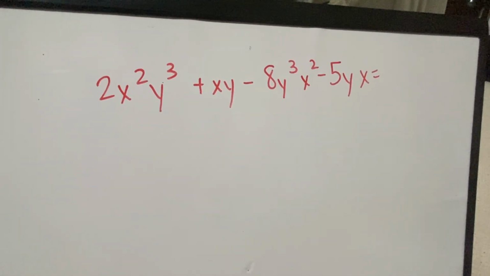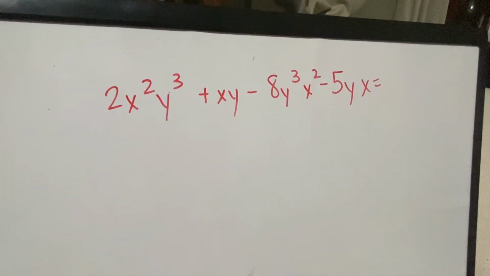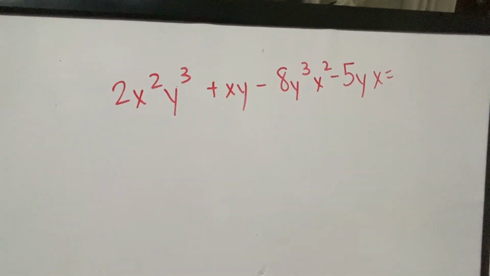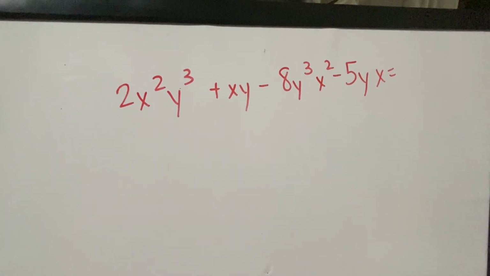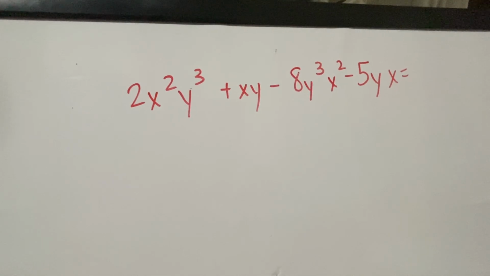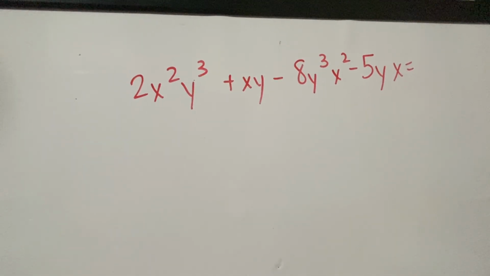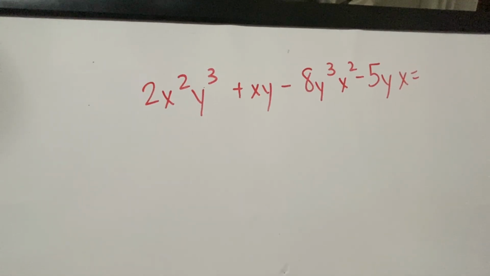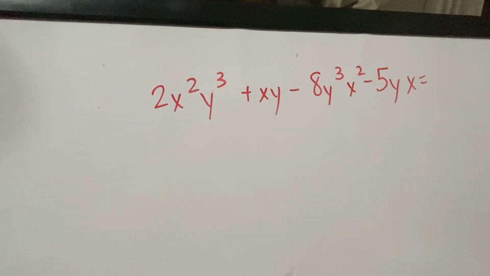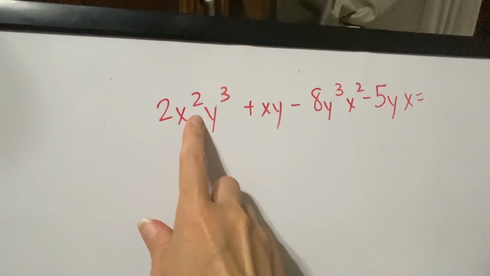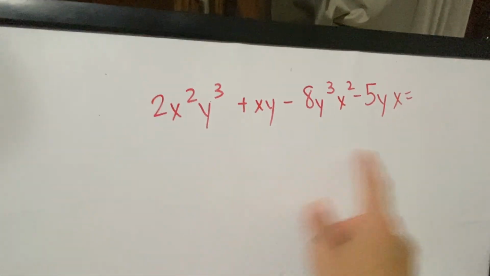This is example C from page 93 in your book, and we are going to kind of review adding like terms, but we're going to be using exponents here that have different powers, or our variables having exponents. So our variables here have exponents that are different things.